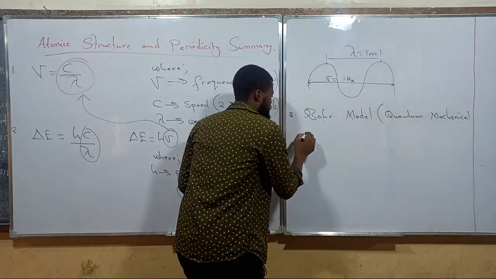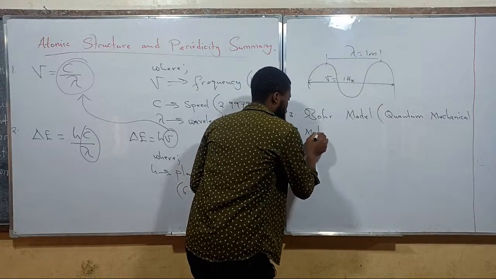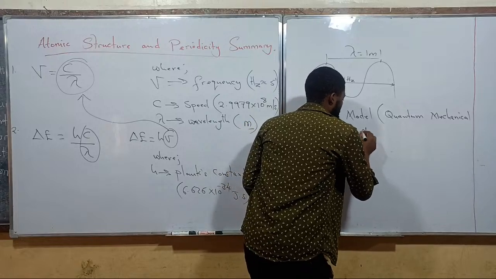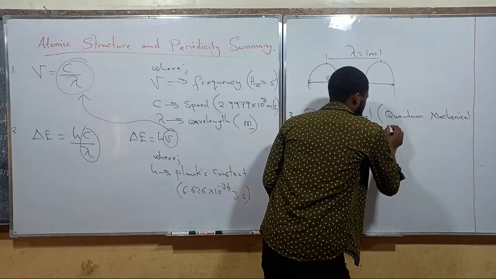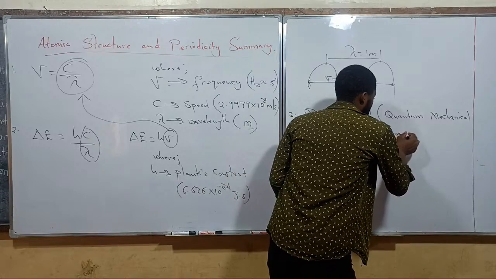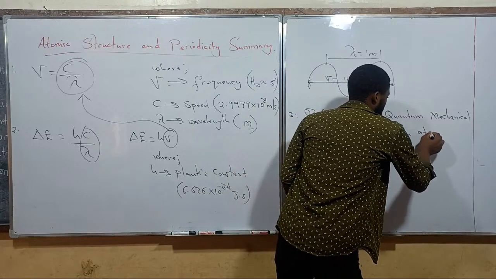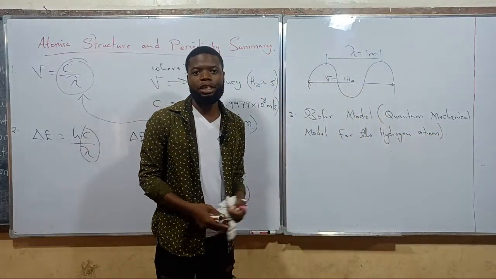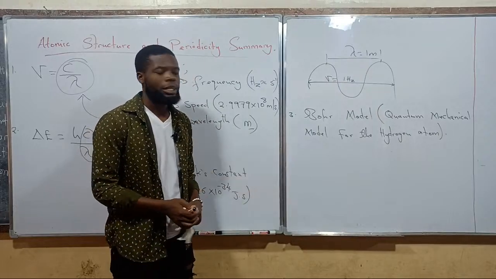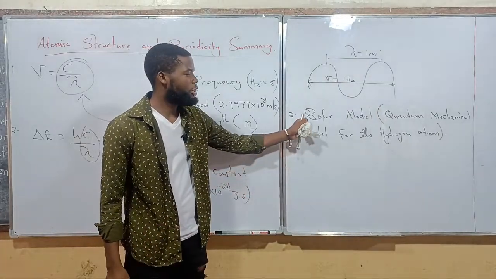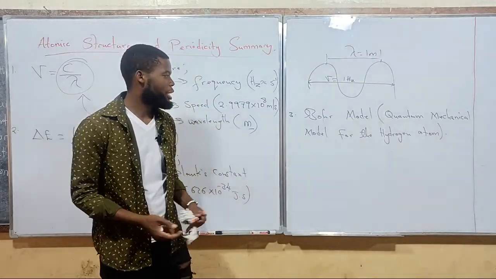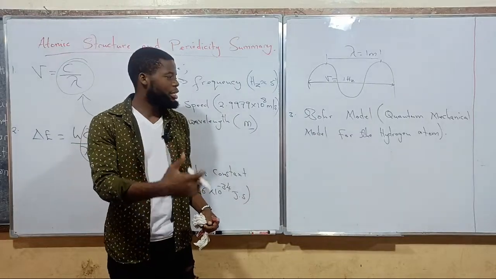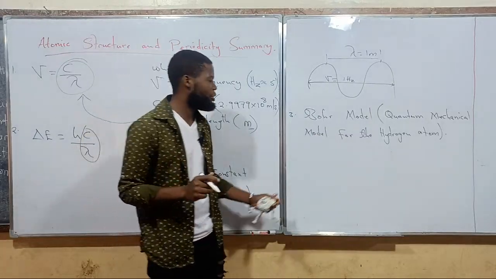In this model, in 1921, a Danish physicist by the name of Niels Bohr postulated that an electron in the hydrogen atom is found orbiting around the nucleus in only certain allowed circular orbits.